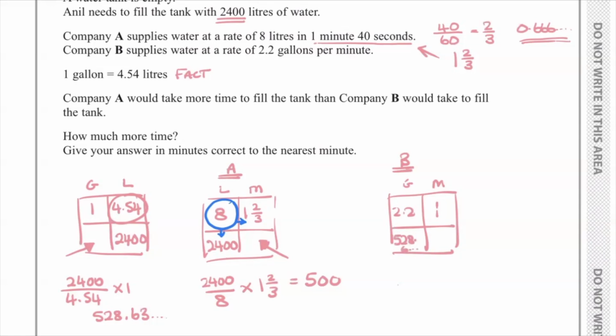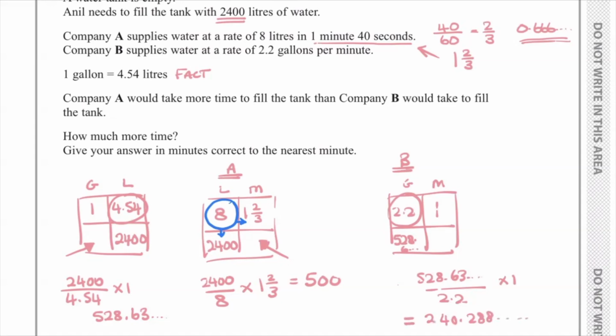I can see now that I am going to be doing 528.63, on and on it goes, divided by 2.2. Again, you can show the times one if you want. I can just now hit the divide, pop it in the calculator, and I get the answer 240.288, on and on it goes.